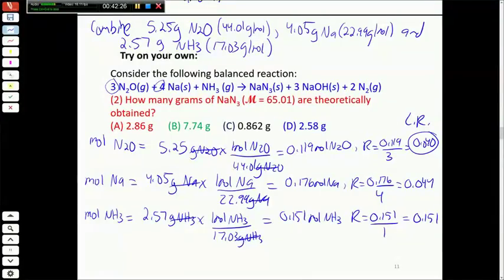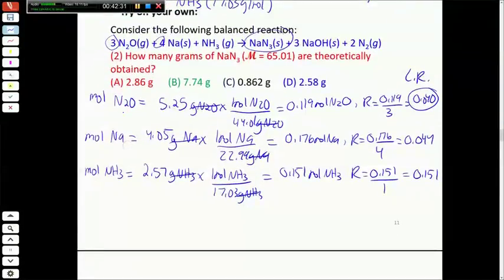And then what the question asks us is how many grams of NaN3 are theoretically obtained, or the most amount that can be obtained. So once we determine limiting reactant, which is the long part of this problem, we're just going to then calculate the mass of sodium azide, NaN3, that can form. So exactly the same as the last problem. We have our moles of limiting reactant, which is 0.119. So our limiting reactant is N2O, so we're starting with the molar amount of that. So 0.119 moles. We use the coefficients in the balanced chemical equation to convert moles of N2O into moles of NaN3.